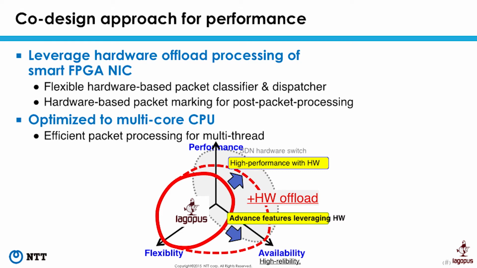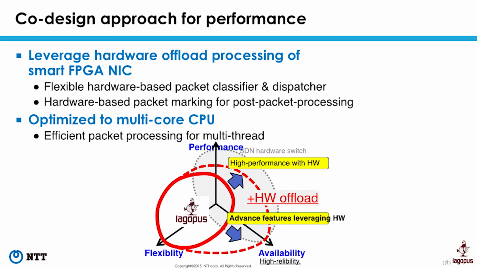As I mentioned before, we use the hardware offload processing of an FPGA prototype NIC to enable flexible hardware-based packet classification and dispatching.